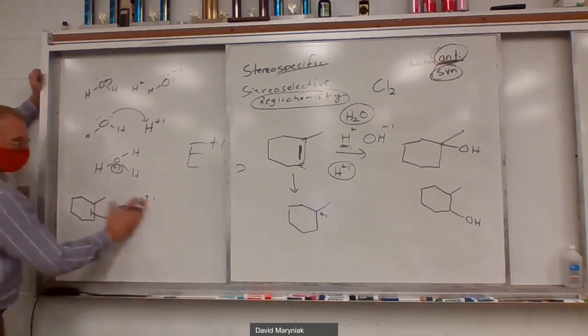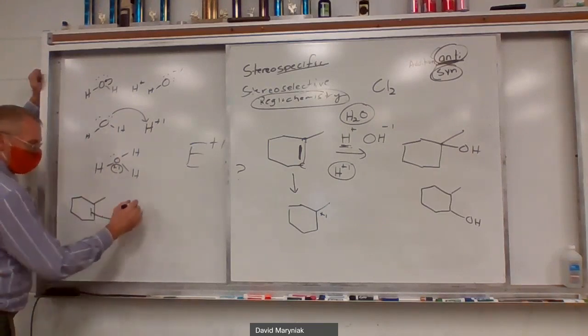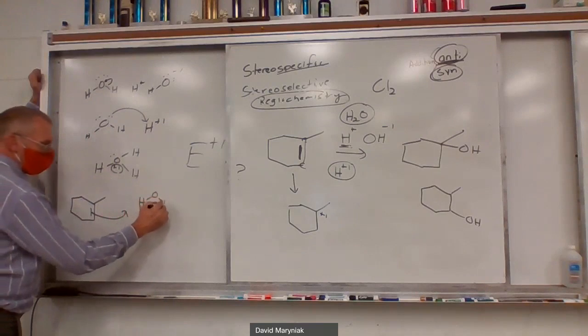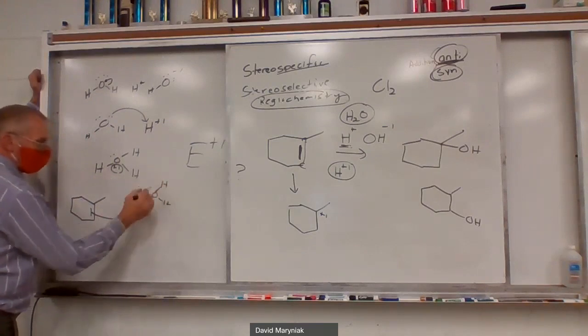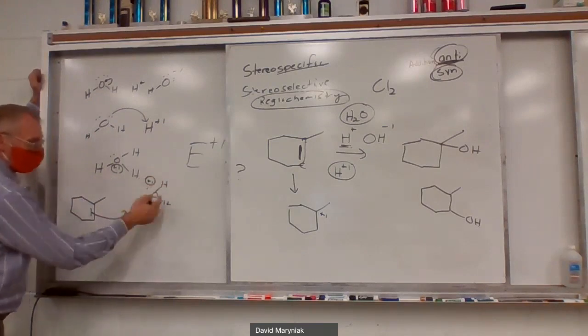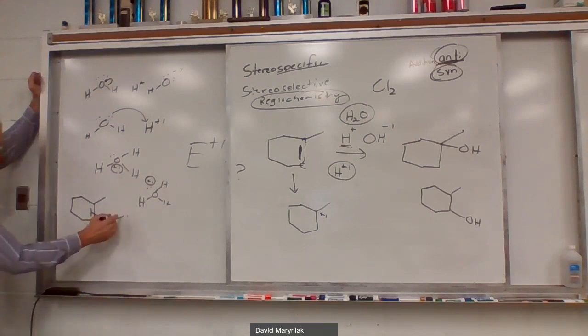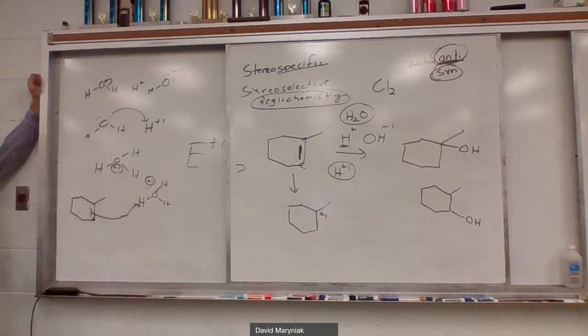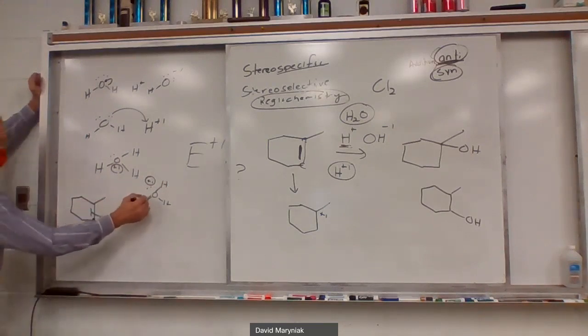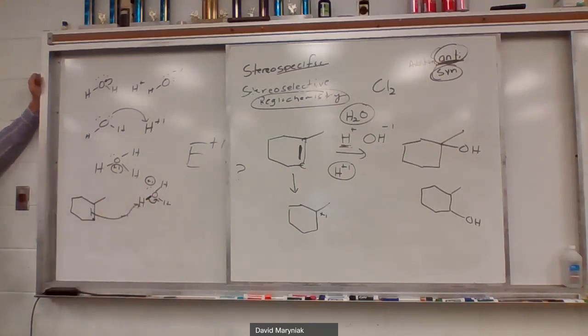If I say let's use hydronium as the electrophile, which part of the hydronium is going to get connected to this C? H. And then which way do those have to go? Back to O. Then you've made water, and you've moved a proton on that carbon.